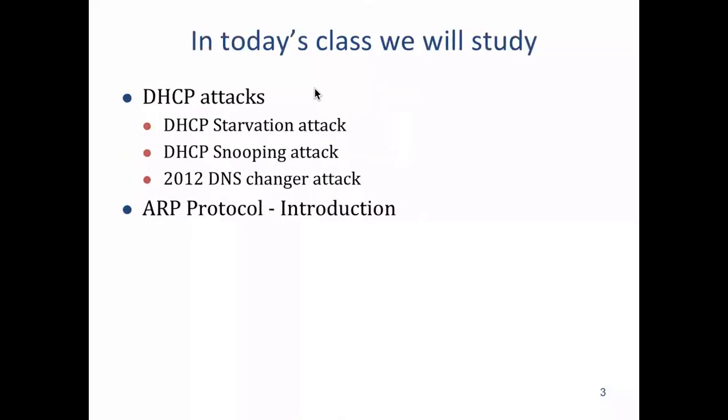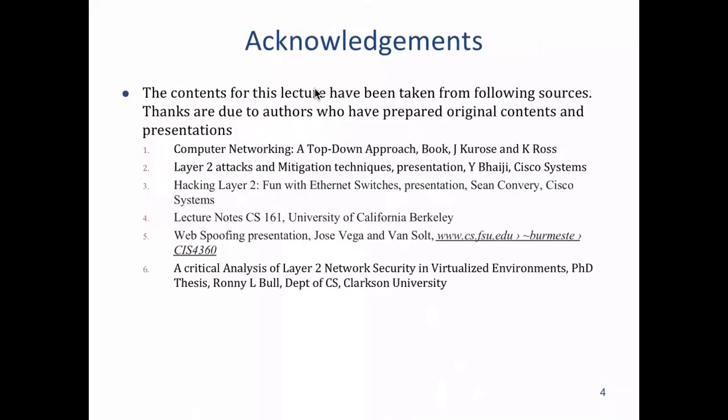Today we'll look at a DHCP attack, and before that we'll study what DHCP is, and then we'll see how these attacks are possible. We'll also look at how ARP works. These are the references. I think the content in the PPT is sufficient, but you can also read from these sources.